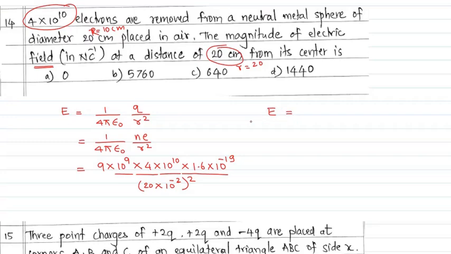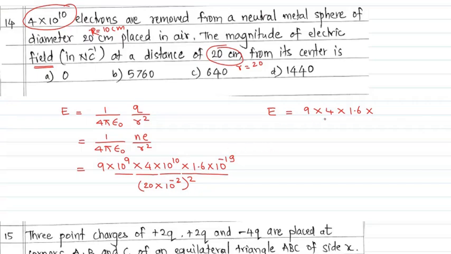So numerator, if I take 9 into 4 into 1.6 into power, if I simplify 10 raised to 9 into 10 raised to 10, minus 19, so you will have 10 raised to 0. So plus 19 minus 19 gets cancelled.